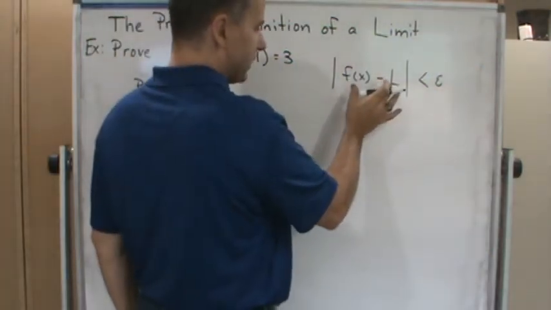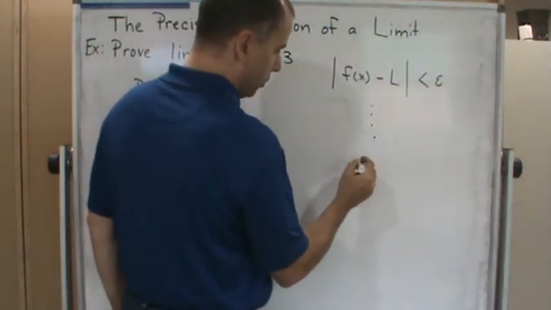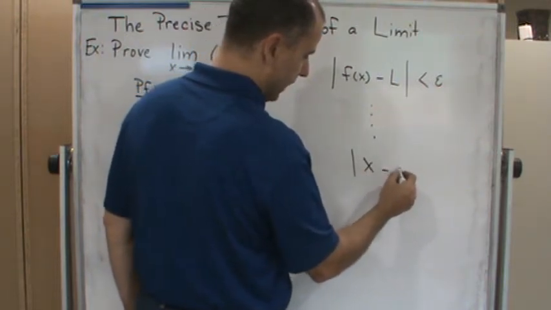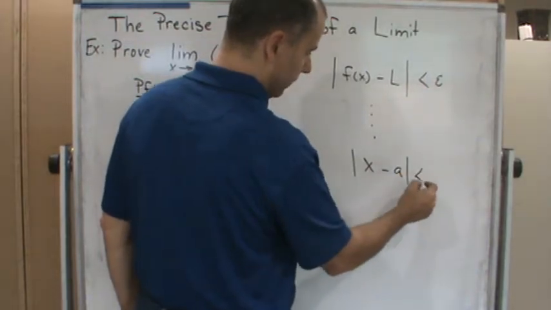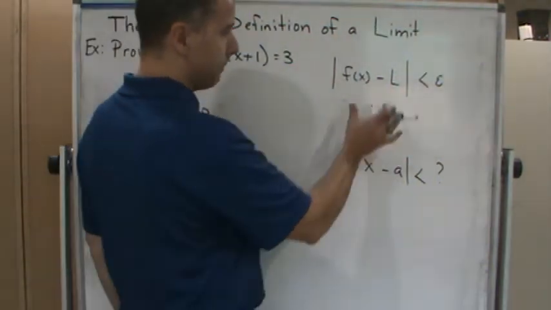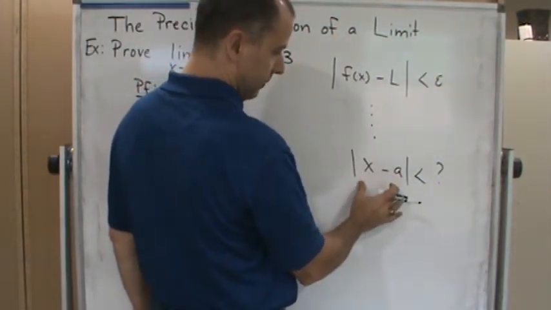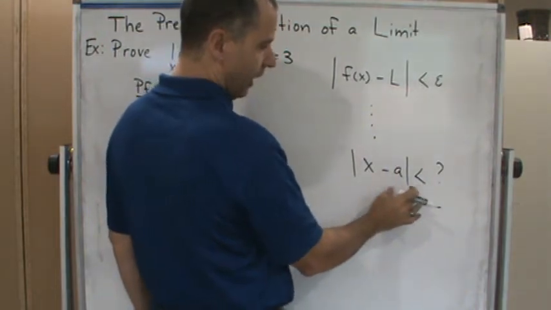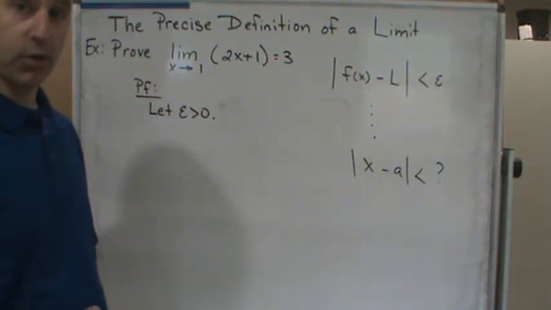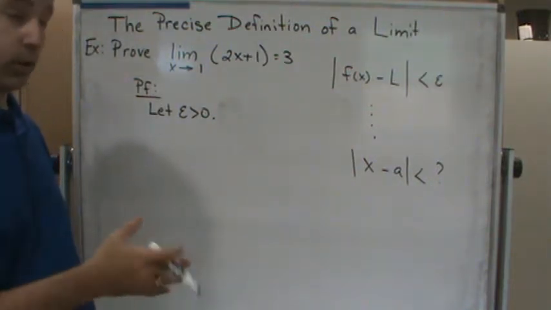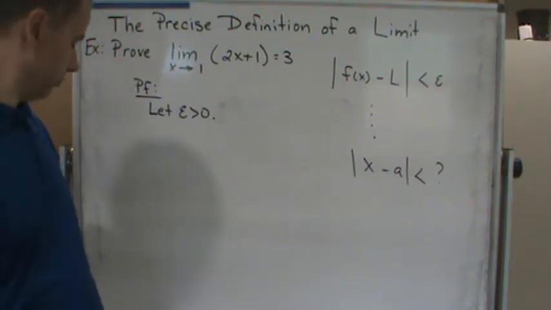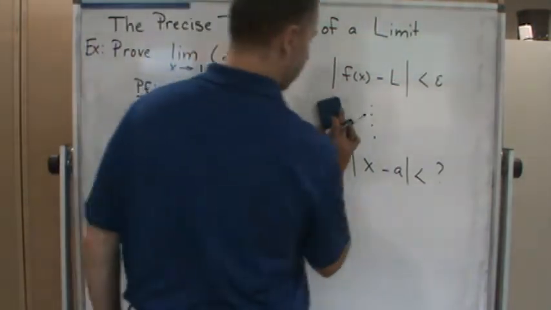I want to manipulate this expression to get something that has |x - a| less than something over here. And what happens is by manipulating this to get to something that has this on the left-hand side, whatever is on the right-hand side of the inequality is going to be what I want to choose as my delta. This is why it's purely an algebraic exercise. Okay, so let's do that.